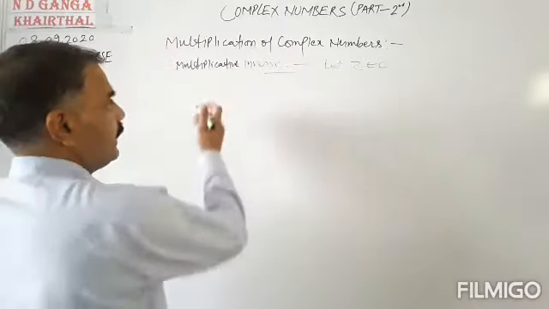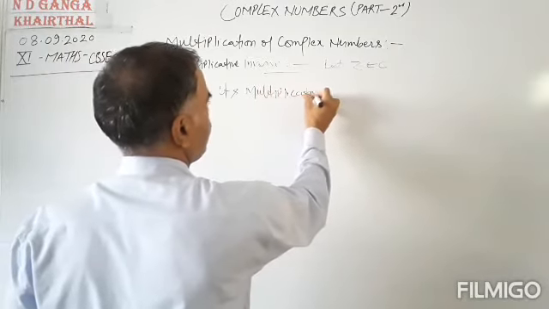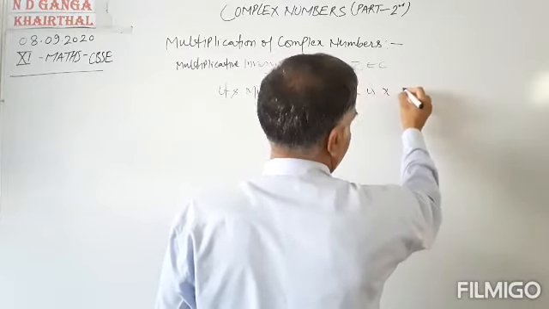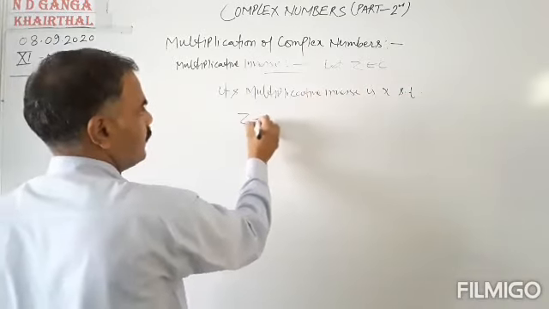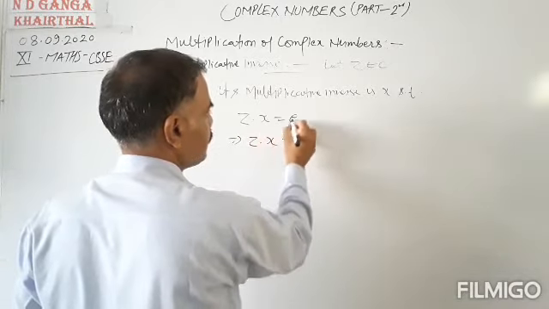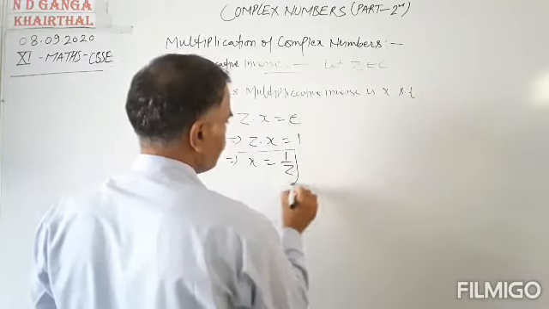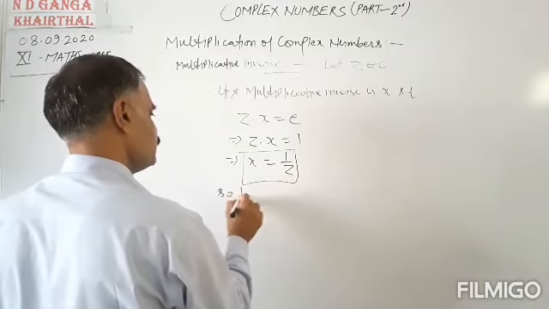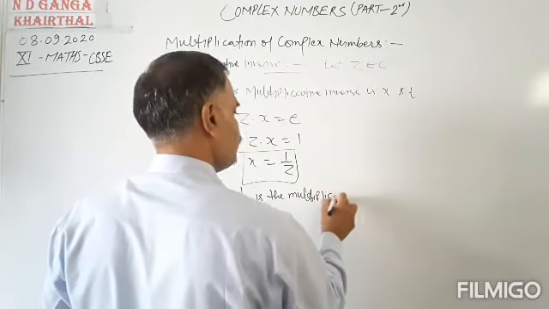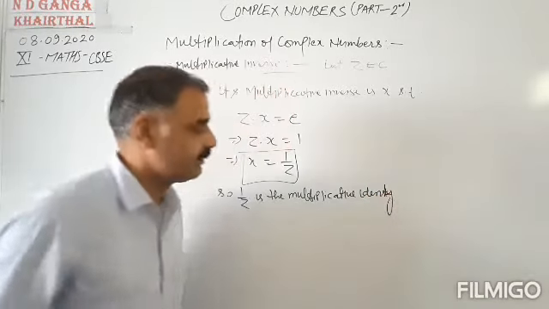Then its multiplicative inverse is X such that Z times X equals the identity, that is Z times X equals 1, that is X equals 1 upon Z. So 1 upon Z is the multiplicative inverse. Now we will find 1 upon Z.